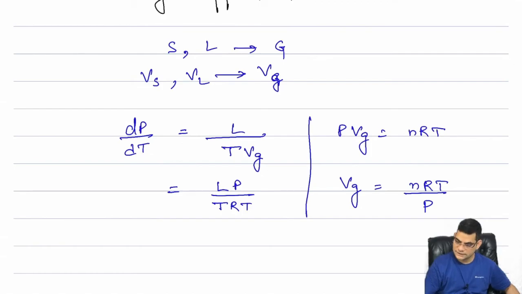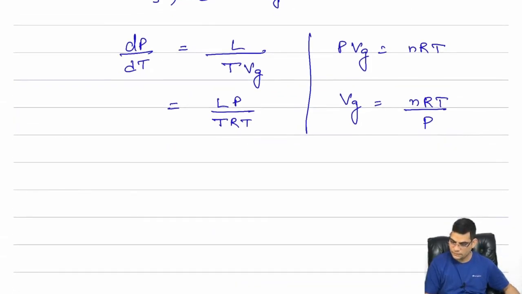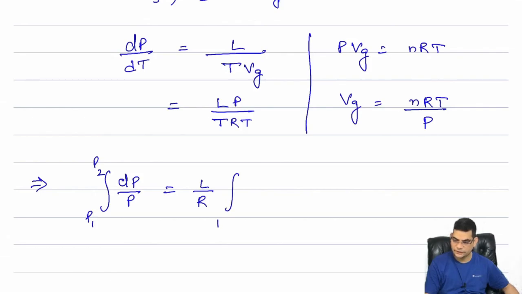So, this can be written as dP upon P is equal to L by R into dT upon T squared. Limits are from T1 to T2.